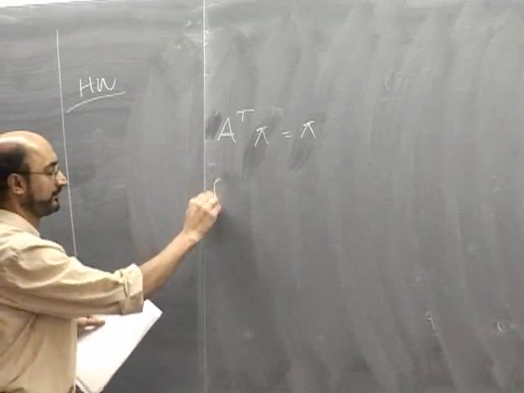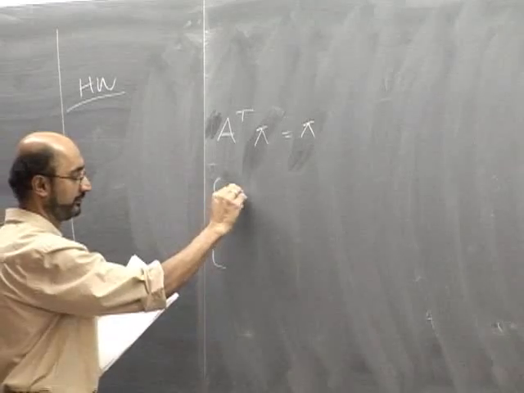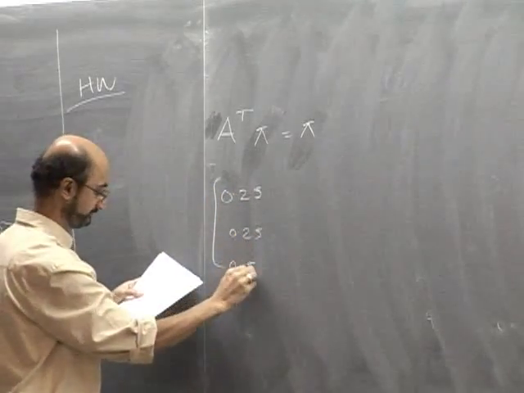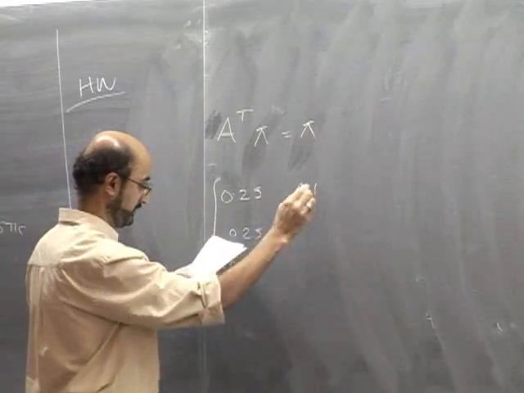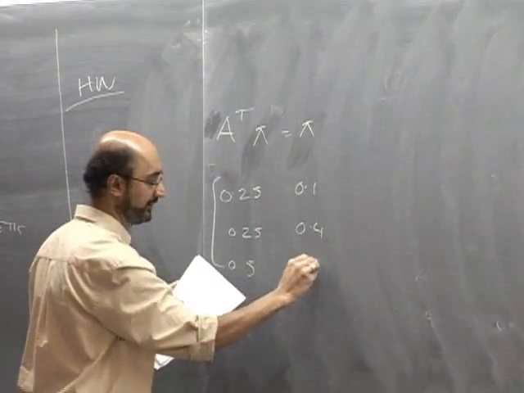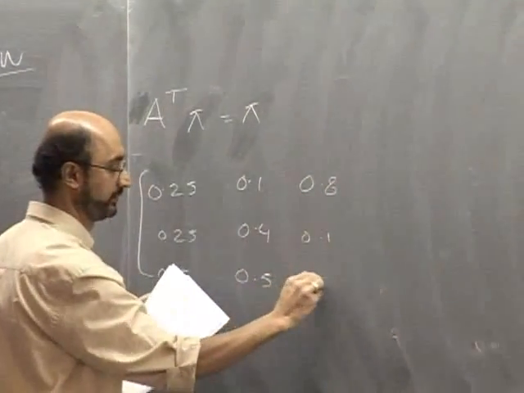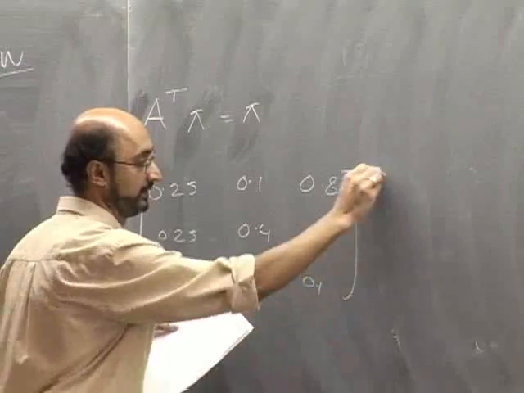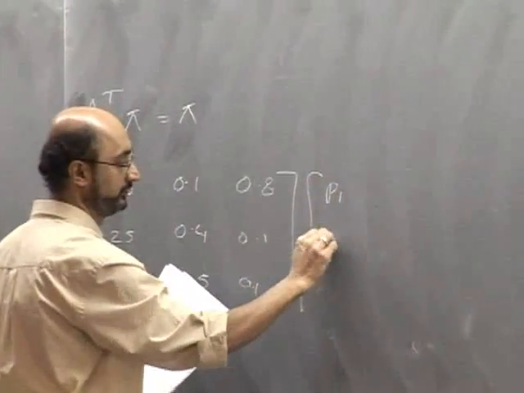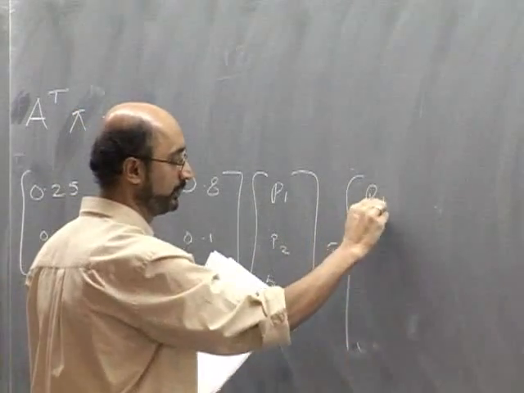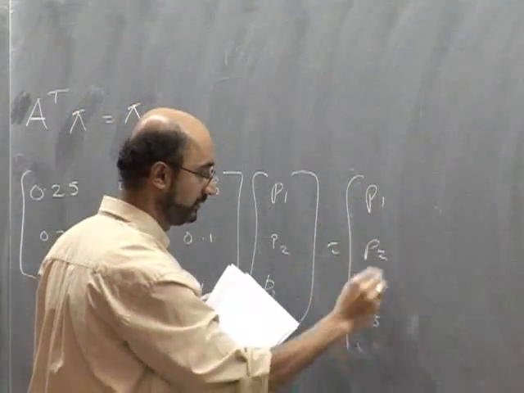So this is a linear system of equations, because you can write this down as 0.25, 0.25, 0.5; 0.1, 0.4, 0.5; 0.8, 0.1, 0.1, and this times P1, P2, P3 equals P1, P2, P3.